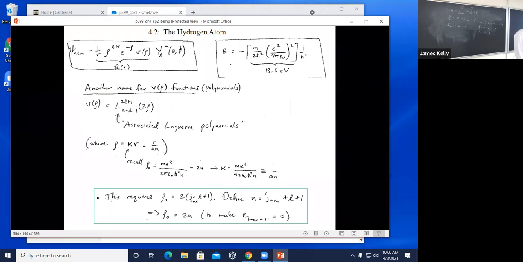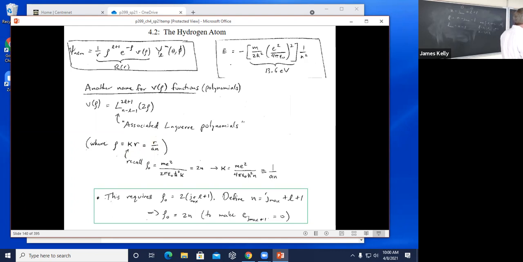Okay, and sometimes people write rho in a different way. Rho, we said, is proportional to R. That was the relationship between rho and R. Instead of writing kappa R, we already found out that kappa was proportional to 1 over N, and all the other constants that are in there are written as 1 over a, where a is called the Bohr radius.